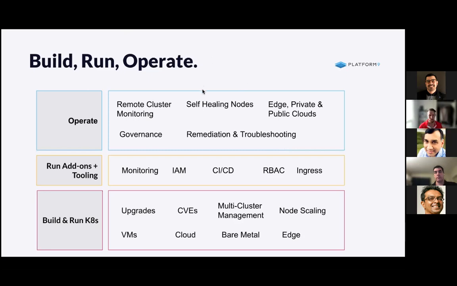While Kamesh is reestablishing connection with us, I'll talk to build, run, and operate. When we look at a Kubernetes environment, be it one that we've built using our native stack, or be it EKS, AKS, or GKE that we're importing to bring under management, there's three main areas that users struggle with and that we try to focus on and help solve.